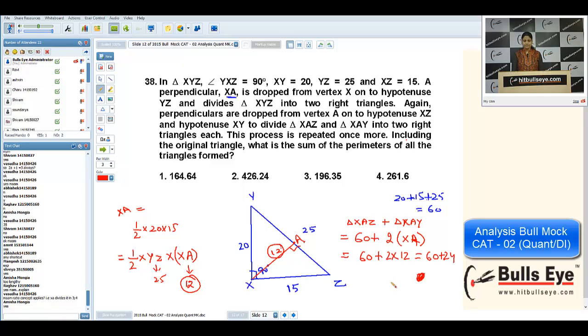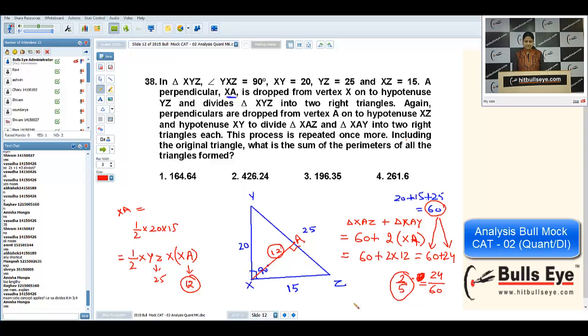Is it okay? What will be the areas ratio? It will be the square of the corresponding sides ratio. And what will be the perimeters ratio? It will be the same as the ratio of the corresponding sides. So at stage 1, 60 was the original thing, and I am adding 24 to this. I mean 24 by 60, that is 2 by 5.